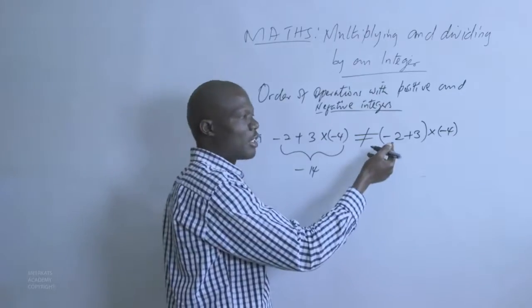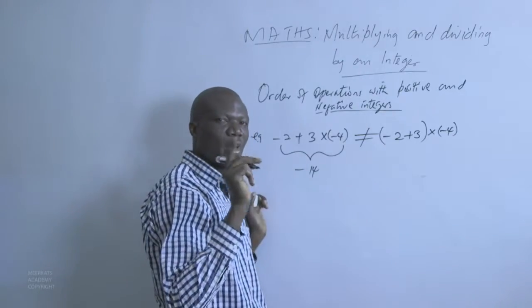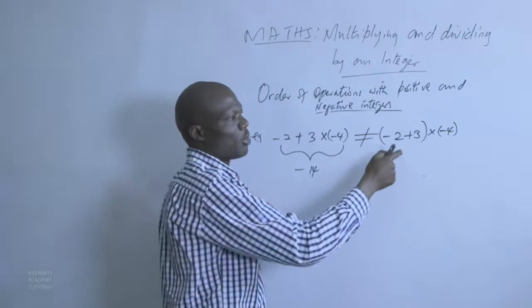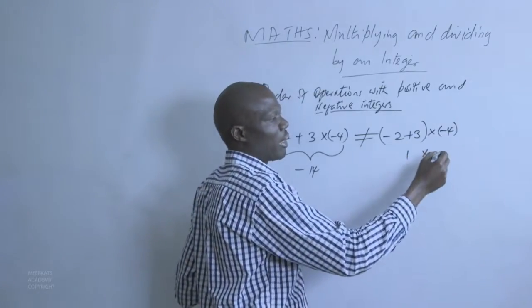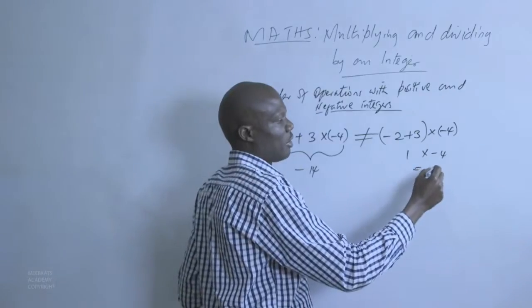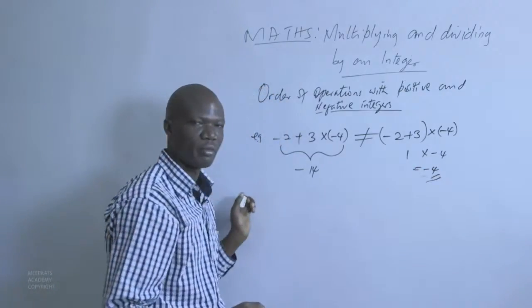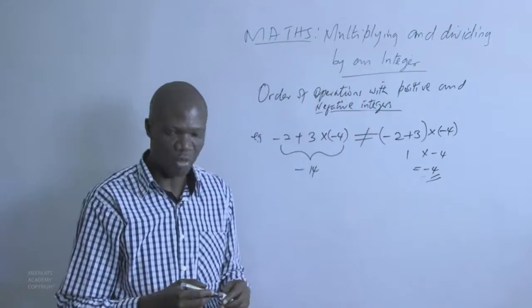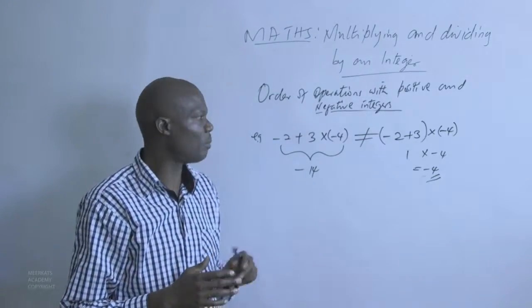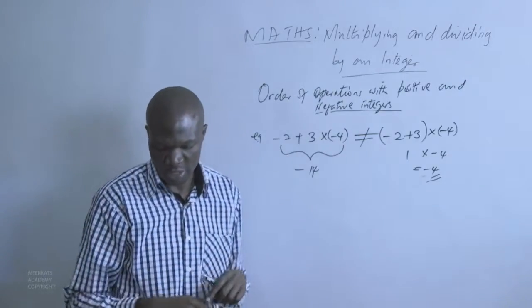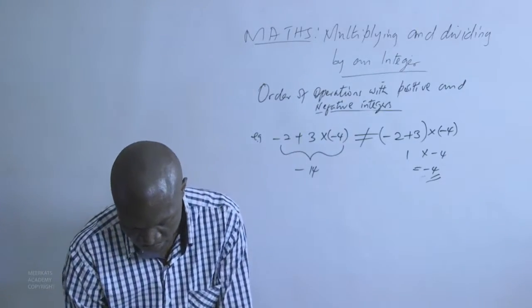While this other one is negative 2 plus 3, which is positive 1, and then multiplied by negative 4, it gives us negative 4. So the two are not the same. The moment you introduce brackets in a problem, the brackets change everything.